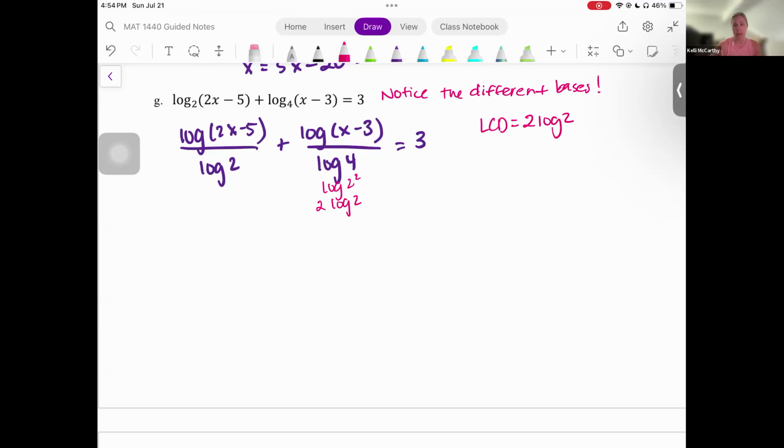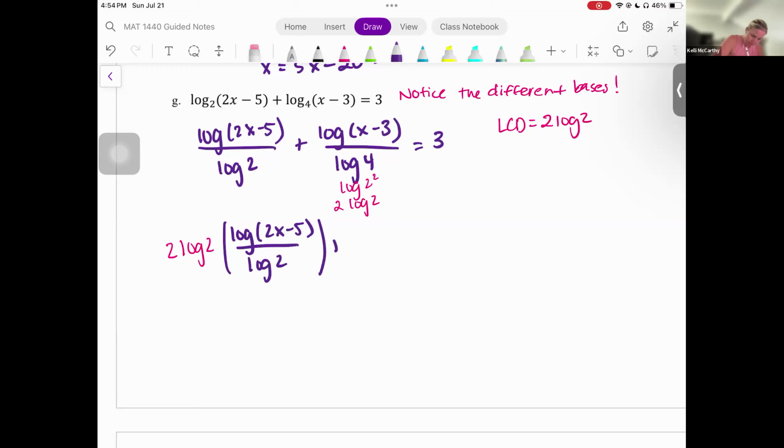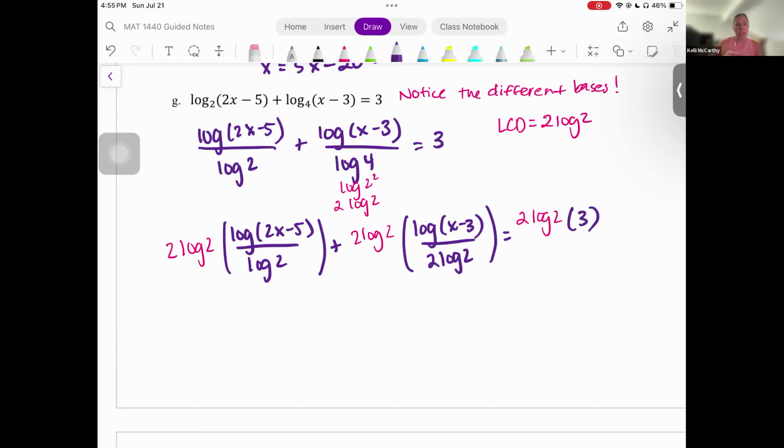So I'm going to multiply each of my terms in my equation by that LCD. When you distribute that LCD to each term, we can start simplifying.